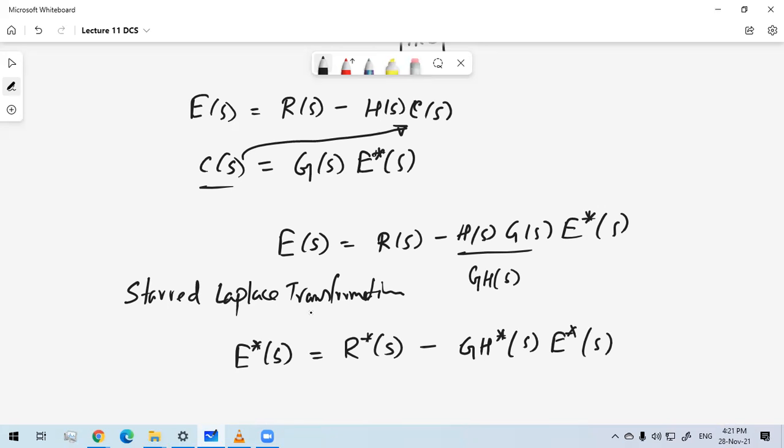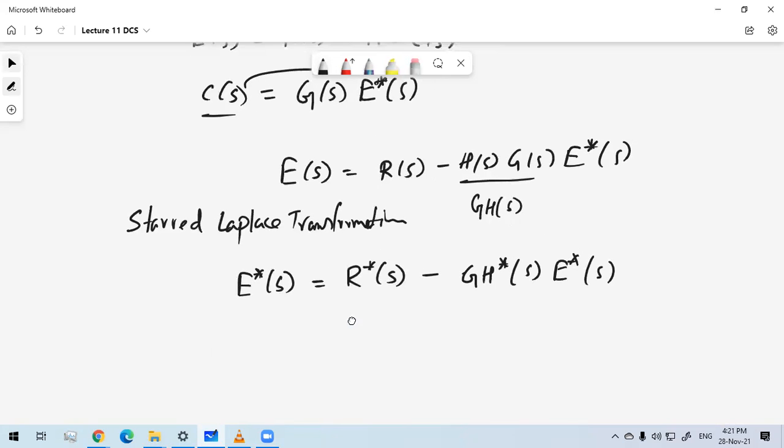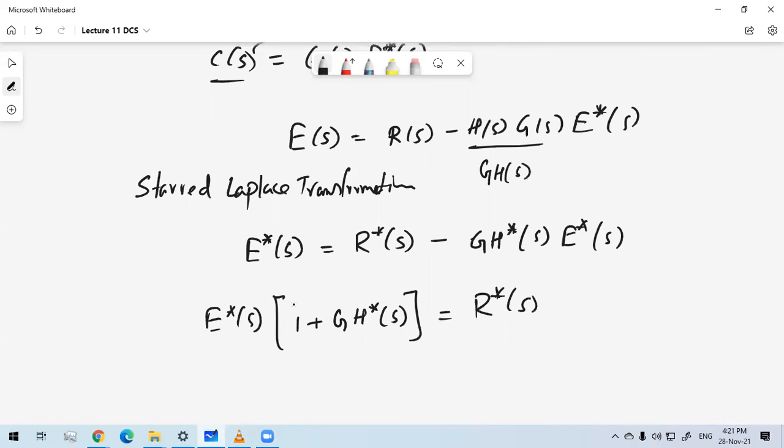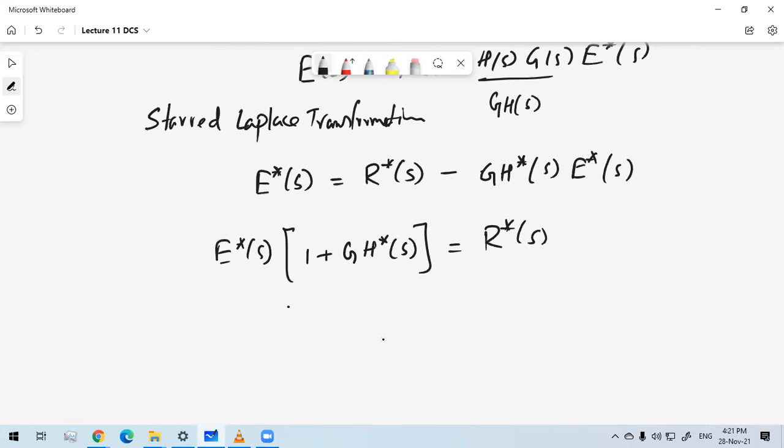We've seen that thing in the last class. So what we have now is just take common E*(s) from both sides. So E*(s)[1 plus GH*(s)] equal to R*(s). For the simplification, E*(s) equals R*(s) by 1 plus GH*(s).